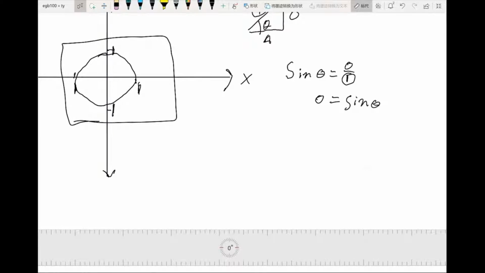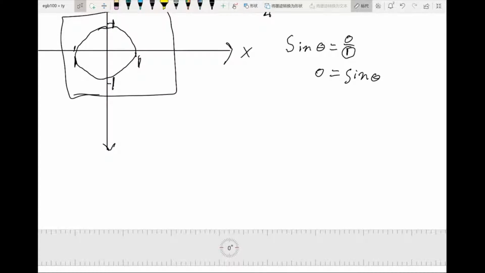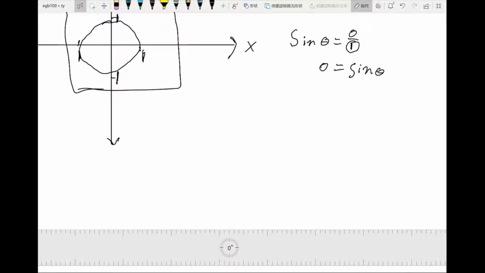Another use of this is to figure out how high up off the ground, off the x-axis, each point is, if we know a theta, because this is just the opposite.